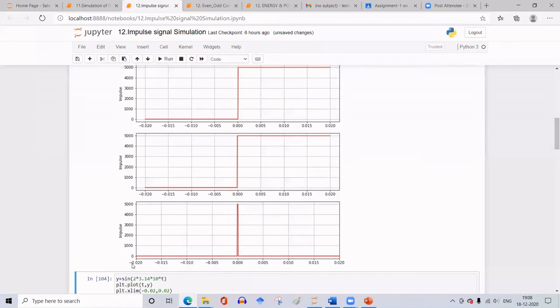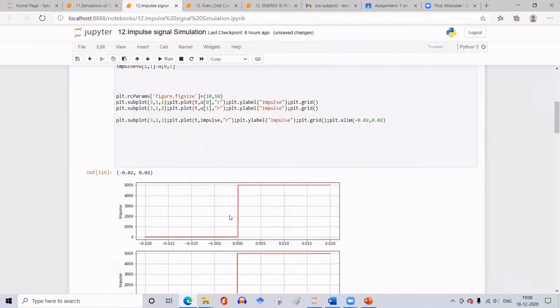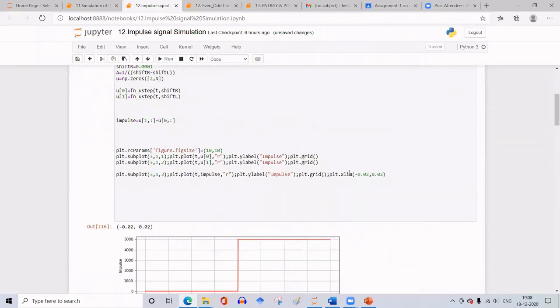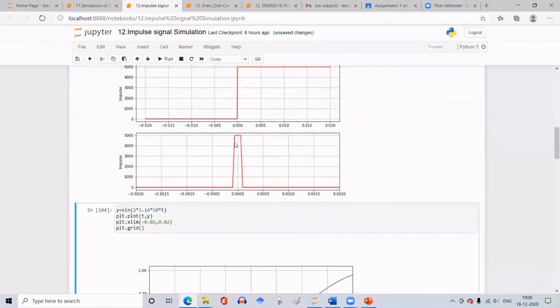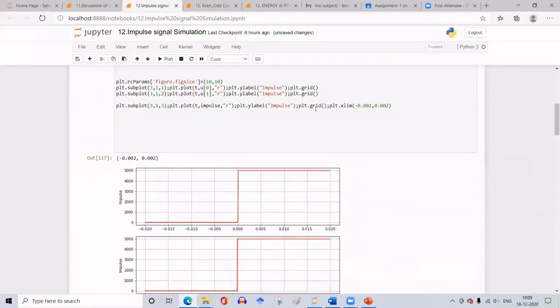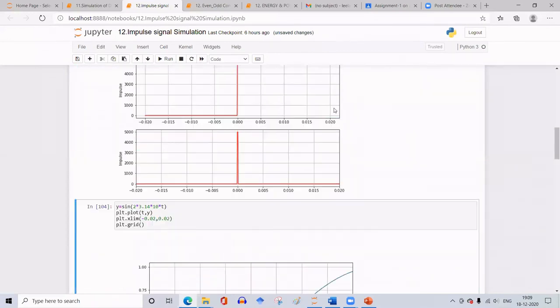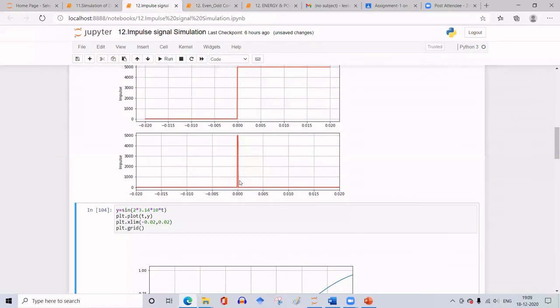Suppose instead of drawing from minus 0.02 to plus 0.02, I change the x limit, only x, from minus 0.002 to plus 0.002 and run it, you see the rectangle here. Similar to the previous graphs, if you make it small on either side of 0, you get an impulse. This is the impulse.